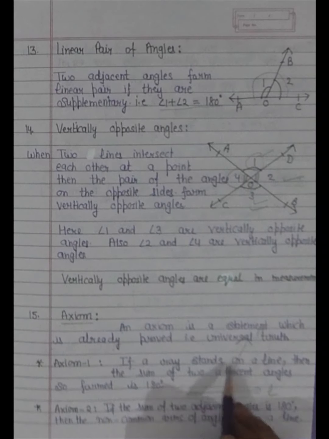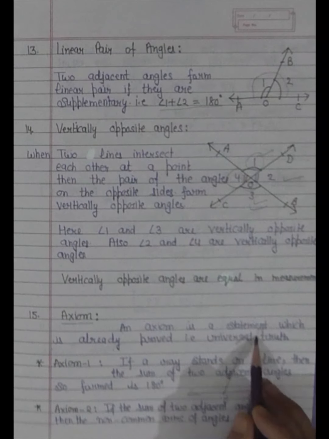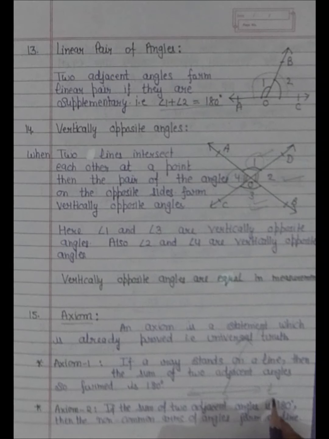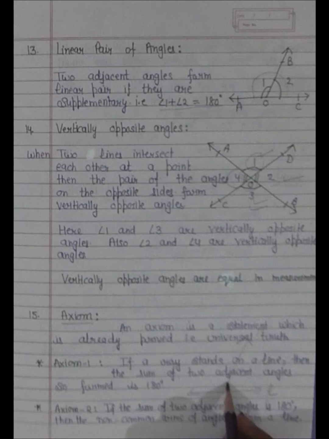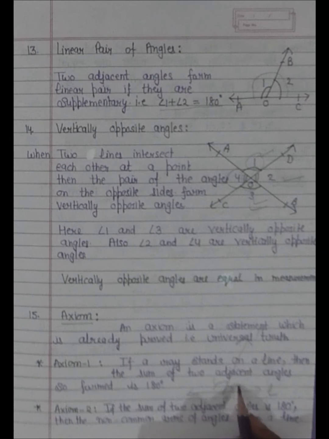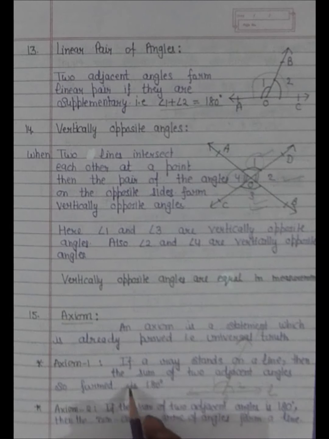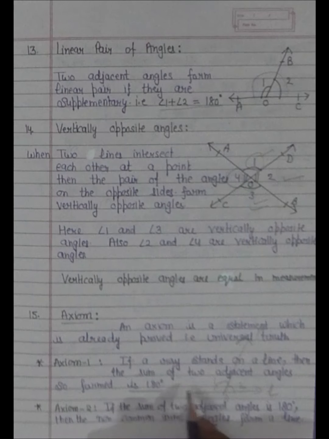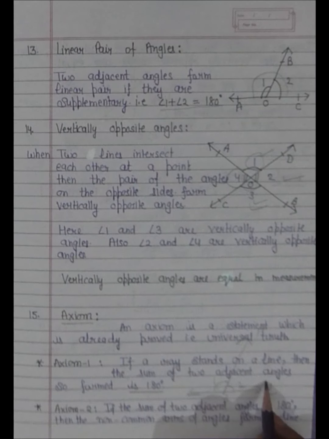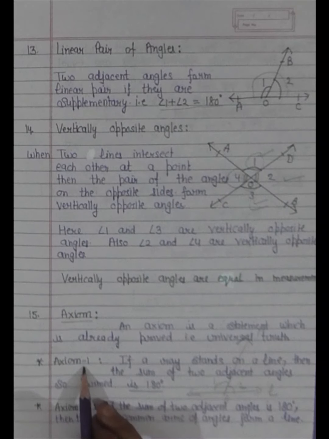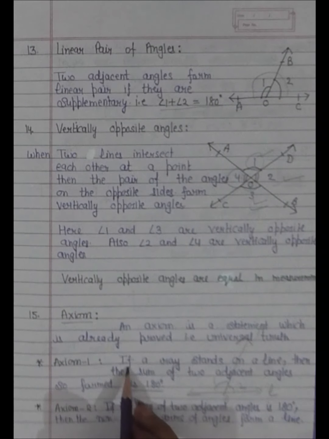Here the ray OA is standing on line L, then the sum of the two adjacent angles, here one angle is here and the second is here, and these are adjacent angles, their sum is 180 degrees. It means angle 1 plus angle 2 is equal to 180 degrees. This is axiom 1 and we will use it to prove the theorem.